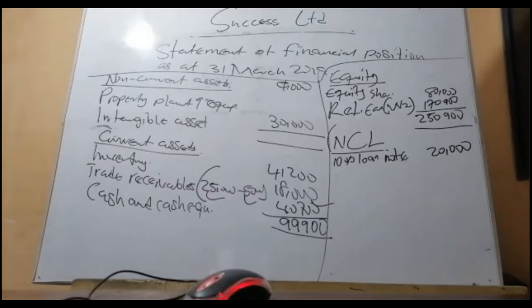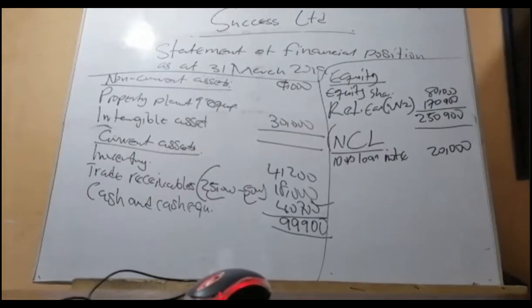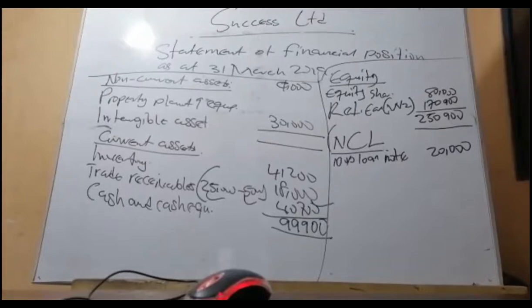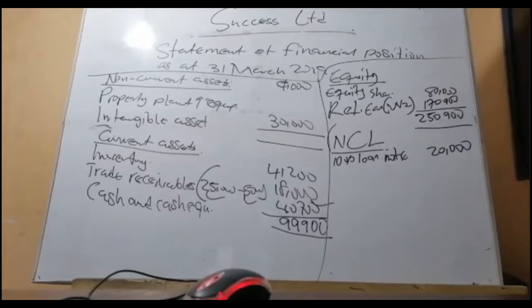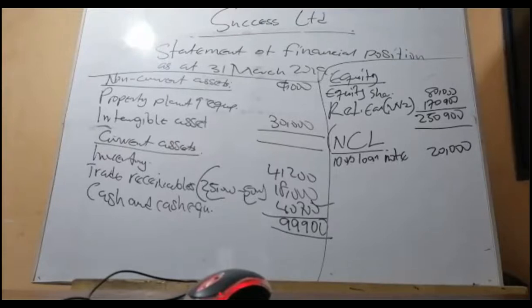Now, what do you do again? Basically, for this question, there are two items that will go to non-current liability: the 10% loan notes and deferred tax. But here there's no deferred tax, right? So if there's no deferred tax, we leave it like that. It's only one for this question.